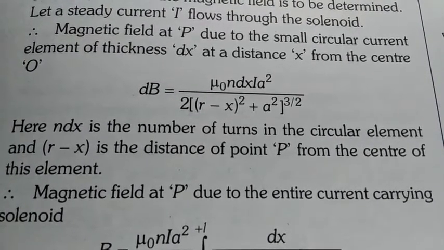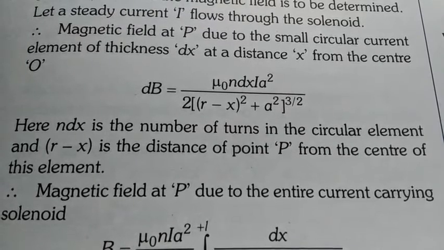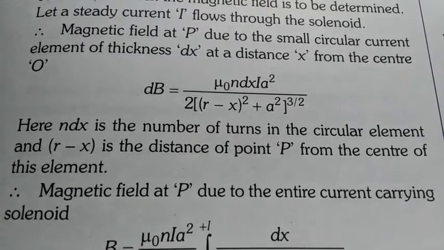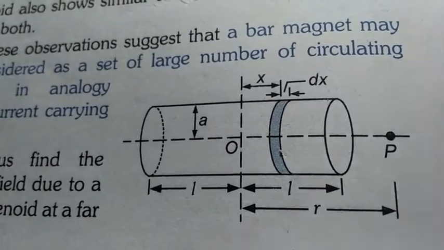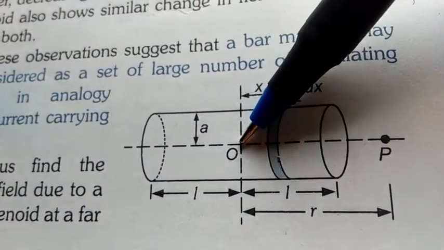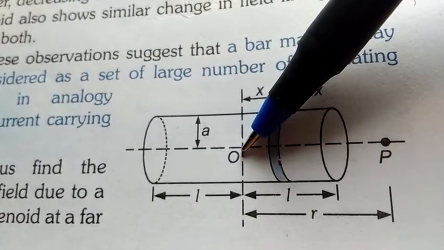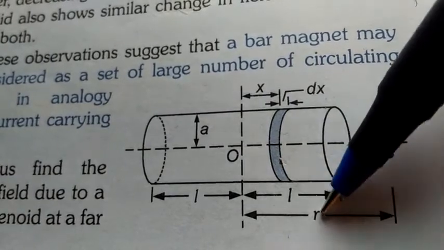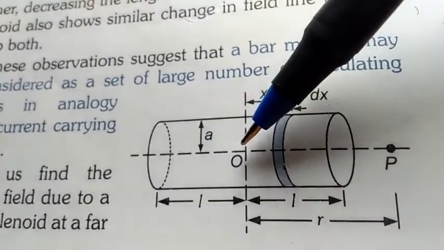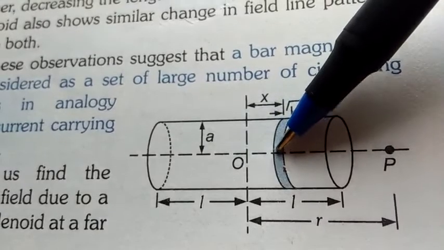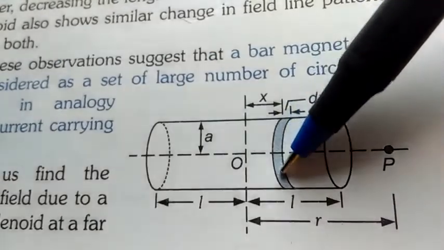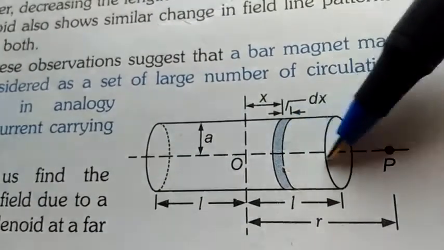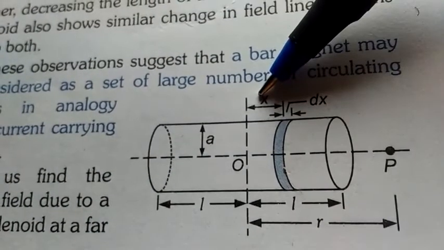Here n dx is the number of turns in the circular element, and r minus x is the distance of point P from the center of this element. From the center, the distance to point P is r, and the distance of this small circular element is x, so the distance from dx to P is r minus x.